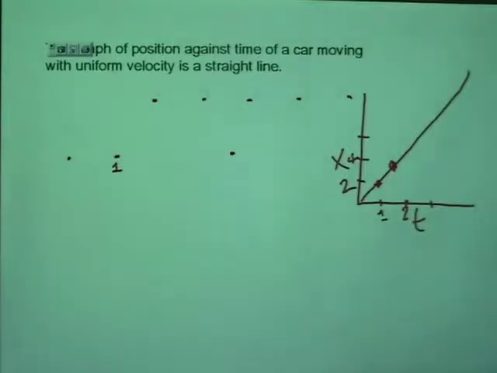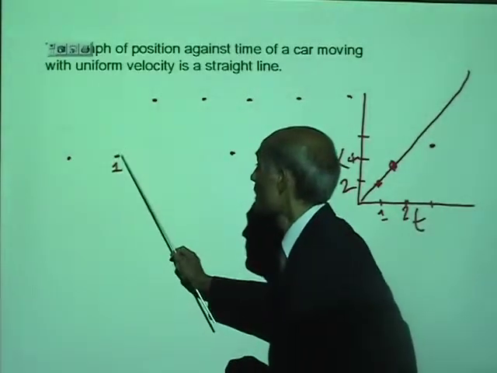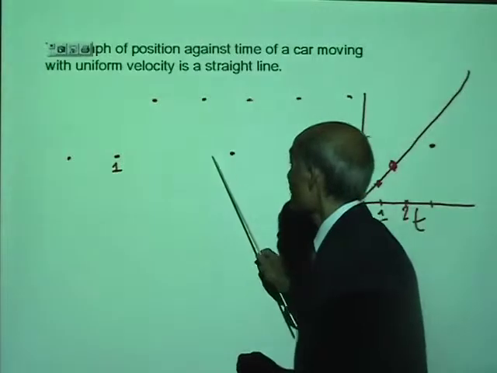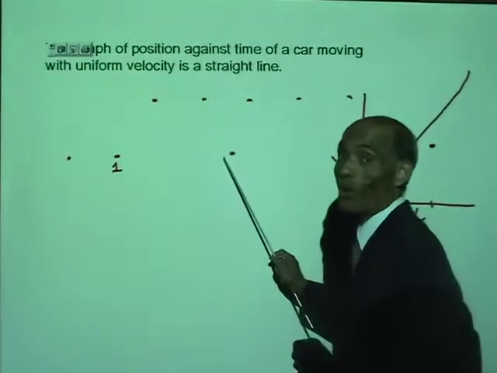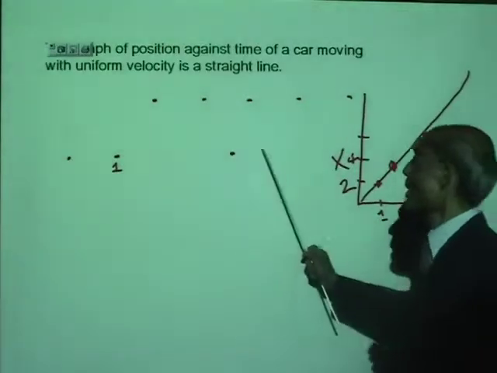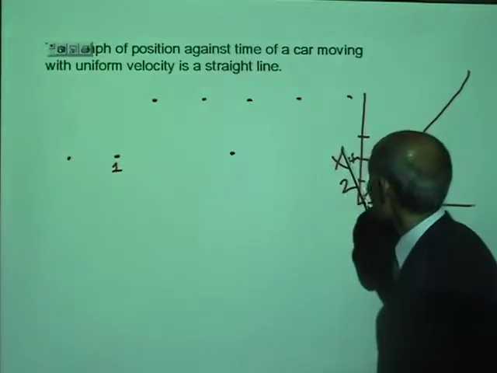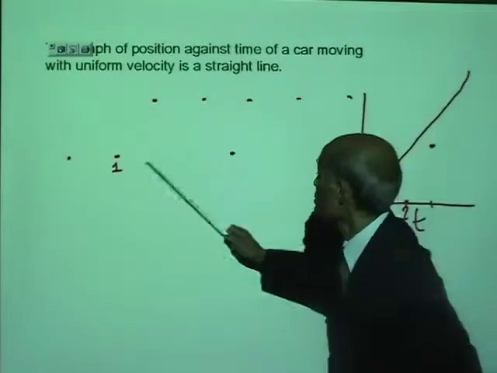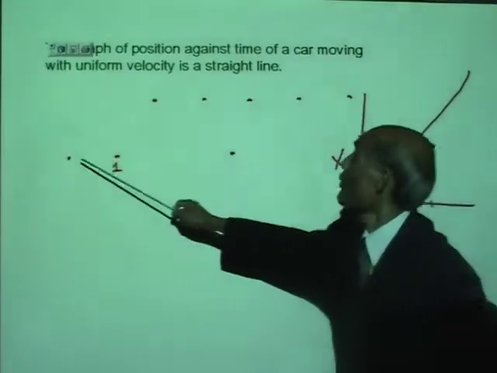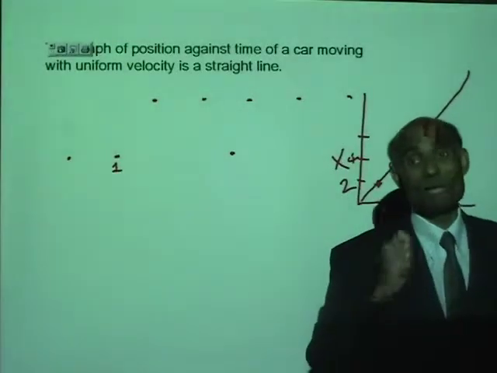At the end of the next second it may be traveling a lot more. You see, in the first second the car travels that much. In the second the car travels a lot more. In the third second the car travels a lot more. So can you tell me, if I draw a graph of x, the distance against time for this, what kind of a graph will that be?